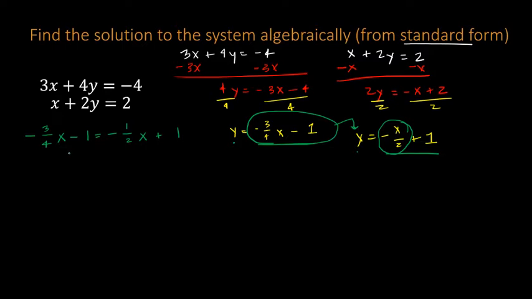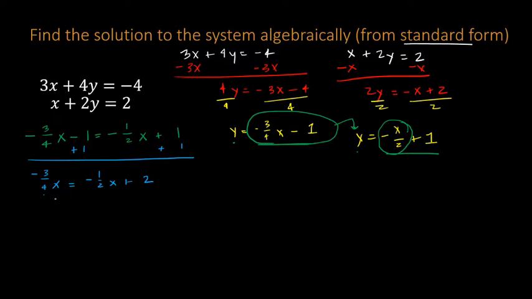So I'm going to first, let's see, add 1 to both sides of my equation. So I get negative 3/4 x equals negative 1/2 x plus 2. Now I have to deal with this fraction. Notice that one fraction for the x coefficient is in fourths, and the other fraction is a denominator of 2.